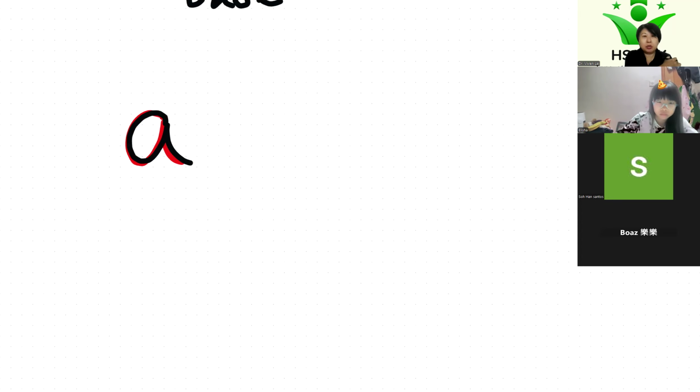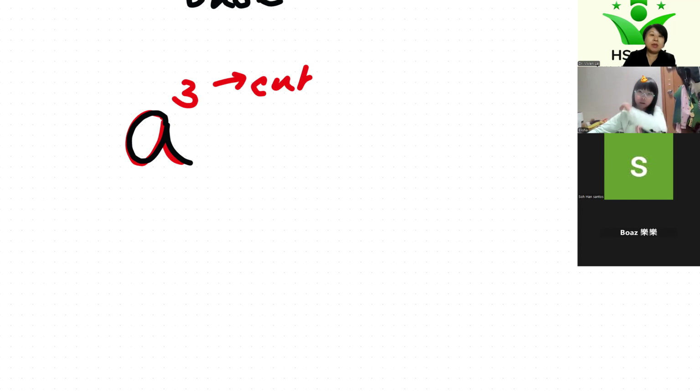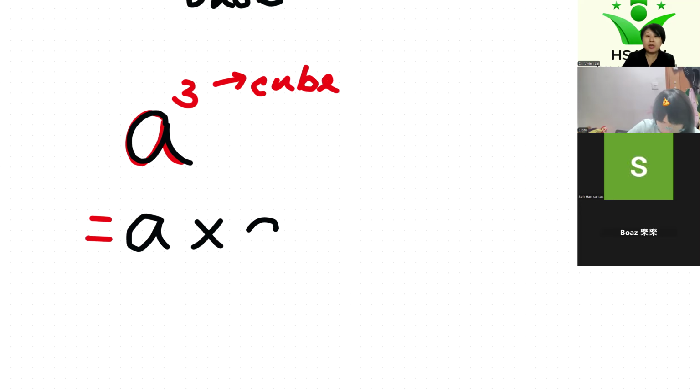A to the third power also has a special name. You call it cube. So what does A to the third power mean? It means A times itself 3 times. So the little letter actually means self times. Okay, that is the meaning of it.